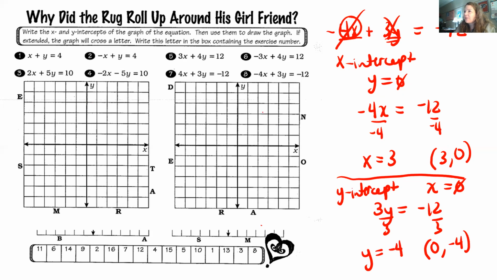So I'm going to graph (3, 0), 1, 2, 3, 0. And then I'm going to graph (0, -4). And once again, when we connect our dots, we're going to find out that 8 is R.